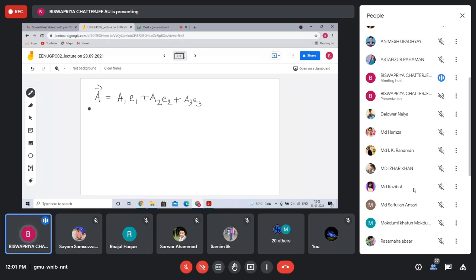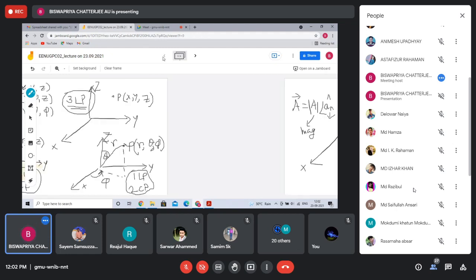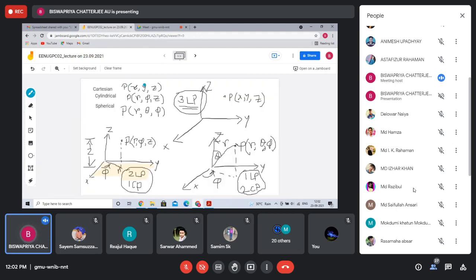So if you say it is for the Cartesian system, this representation can be written as A is equal to your first component, the x direction, then y, then z.